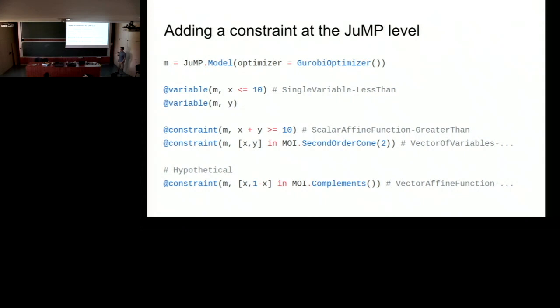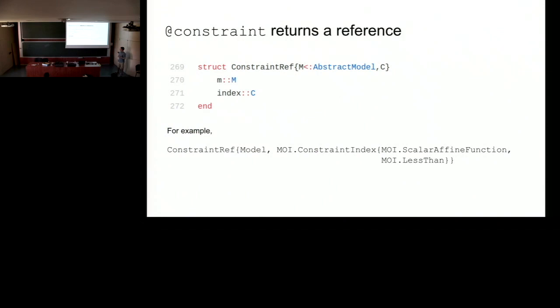So this is what using MOI and JuMP looks like. Constraint returns a reference, so we make a distinction between a reference and an index. An index is an integer with some type safety wrapped around it. A reference lets you point back to the original object. So we also store the model that this constraint belongs to, so you can go from the constraint reference back to the model.